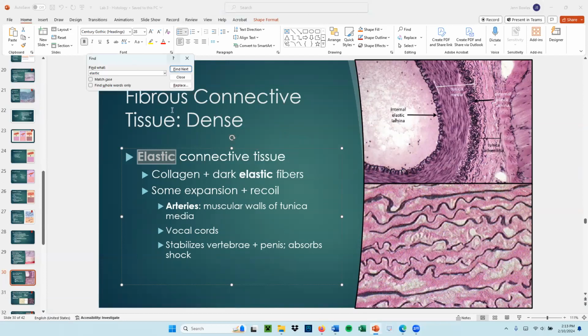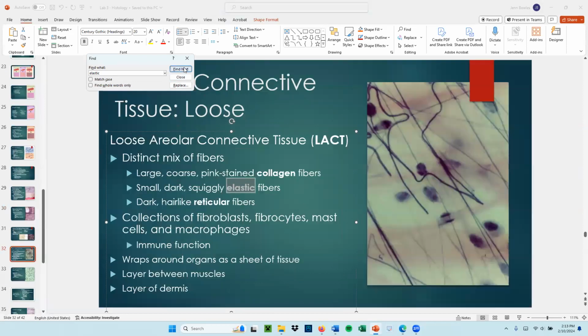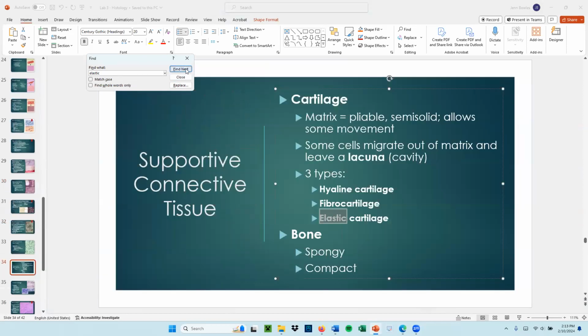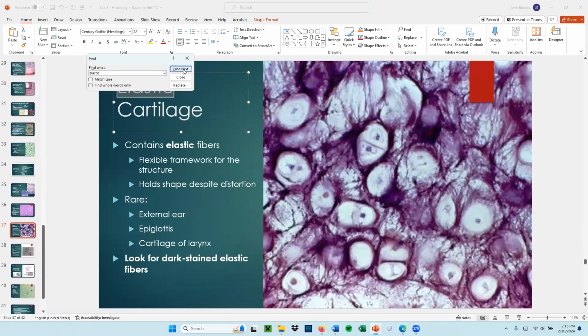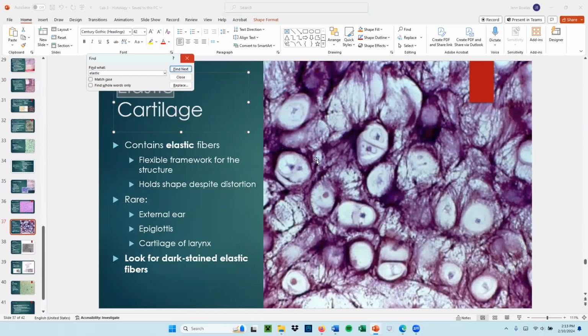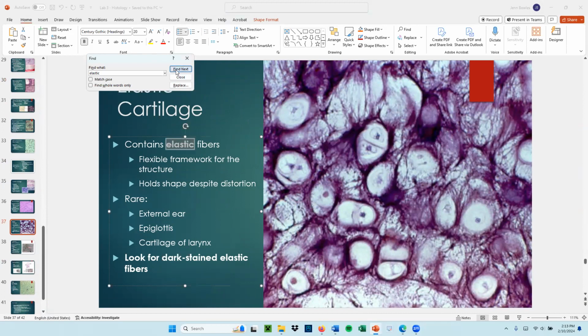And you have to be careful too, because we have two types. We've got this elastic connective tissue, but we also have elastic cartilage. So I think it'd be really helpful if you know the three types of cartilage, because this is a really nice example where we've got these dark elastic fibers. It is a little trickier to see with elastic connective tissue.